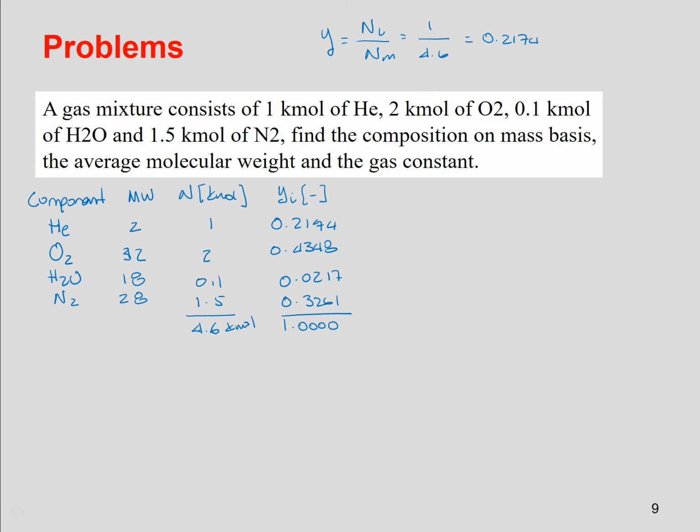So now, we would like to get the total mass of each of the components. In order to do that, we start by using the molecular weight. Remember that this is mass over the number of moles, but the unknown is mass, so we get it as the number of moles times the molecular weight. So we can get the mass of each of the components, and this of course will be in kilograms.